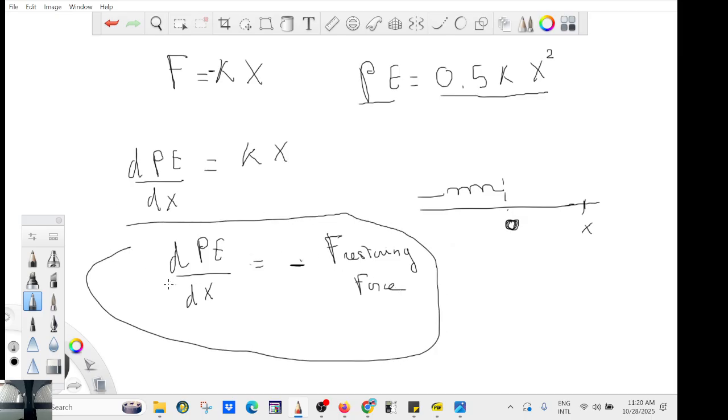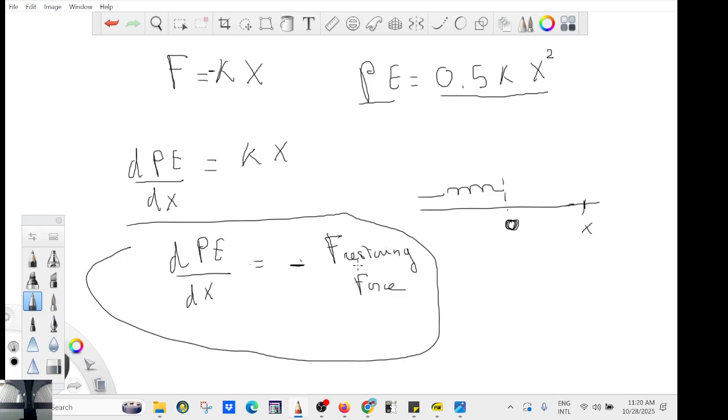And that will be true not only for elastic potential energy, but for any potential energy, like the kind of potential energy you have in a hydrogen molecule, for example. So that will always be true.